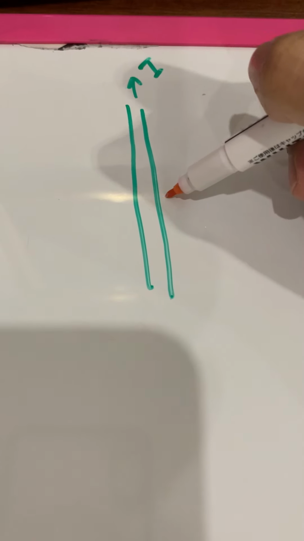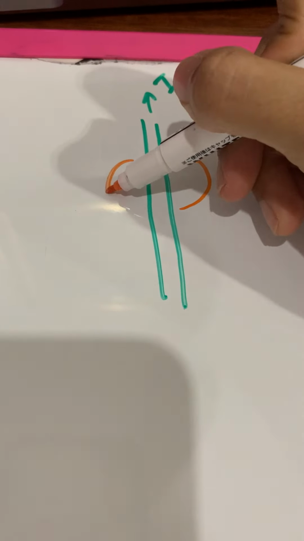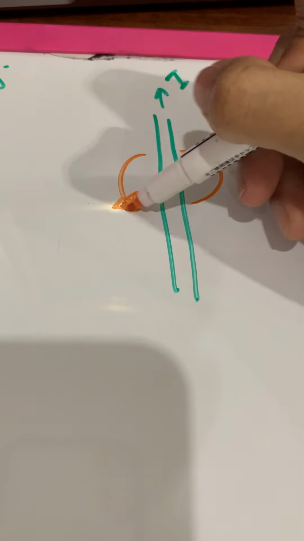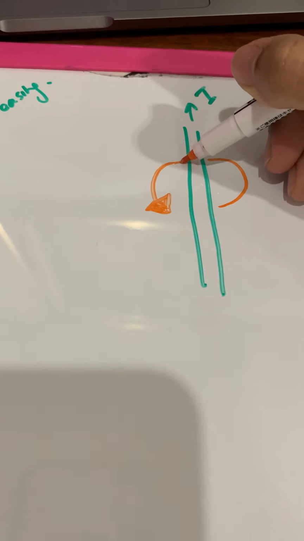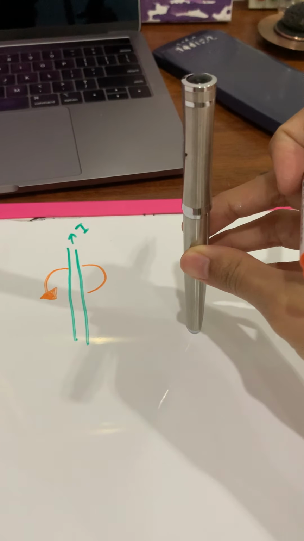What happens? I will have a magnetic field that goes around the wire, right? How will this look like in 3D? So let's say my pen is like this. Okay, like that.